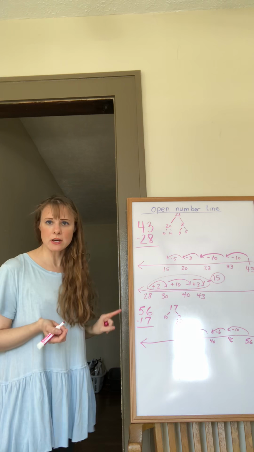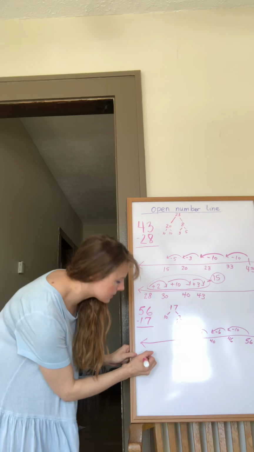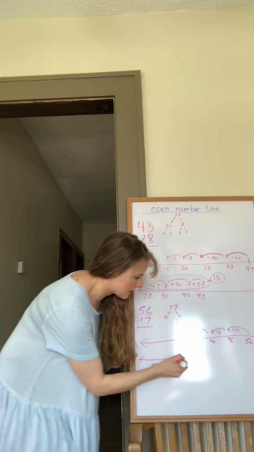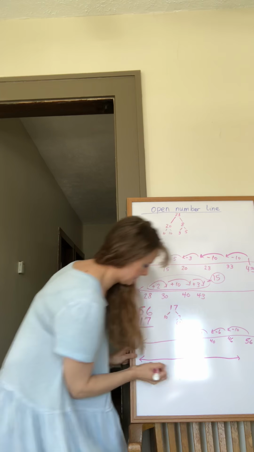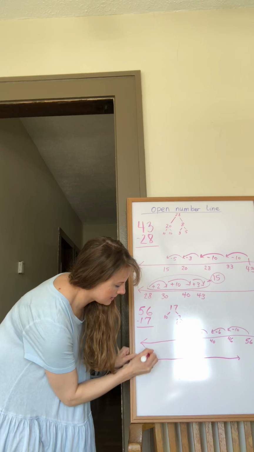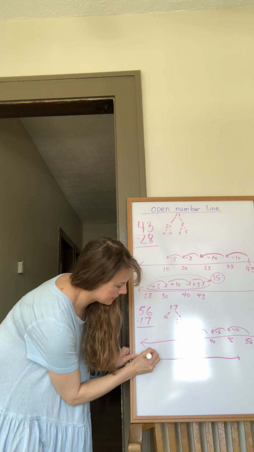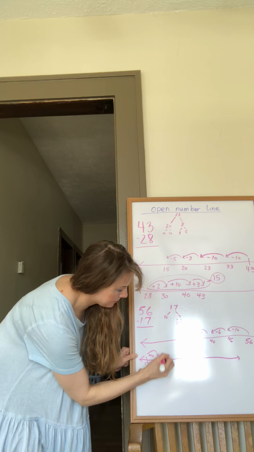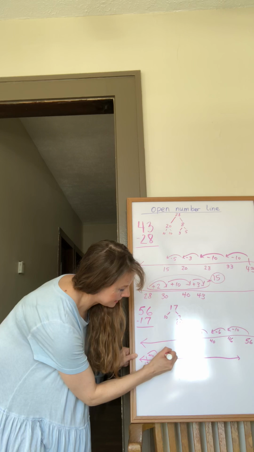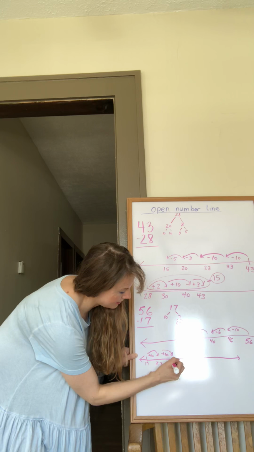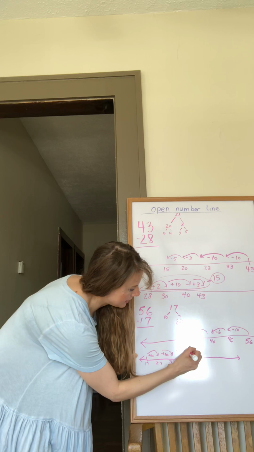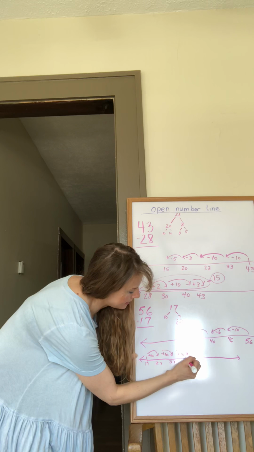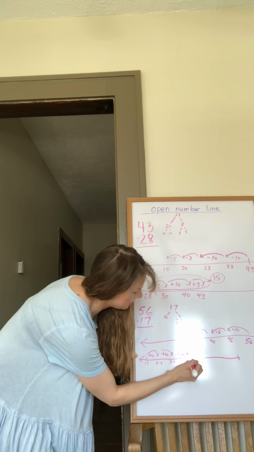Now, you can also count on from 17. So you can start at 17 and move your way up to 56. 17 plus 10 is 27, plus 10 is 37, plus 10 is 47.